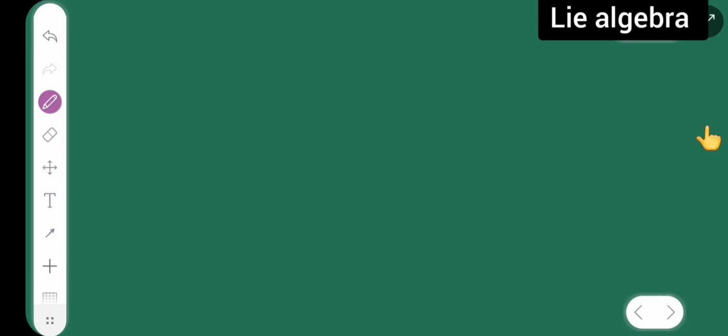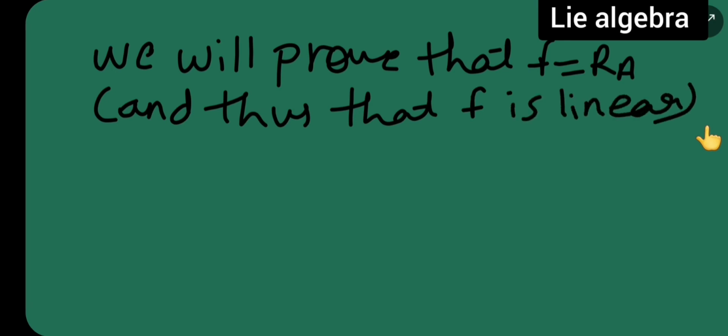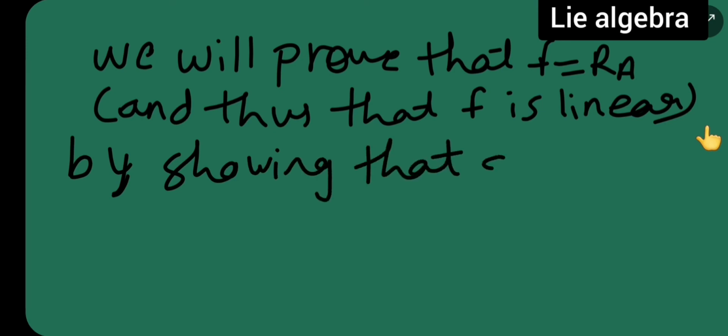We will prove that f is equal to R_A, and thus that f is linear, by showing that g, equal to R_A inverse of f, is the identity function.